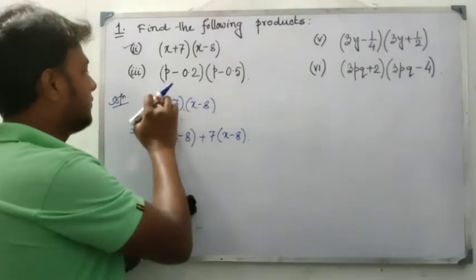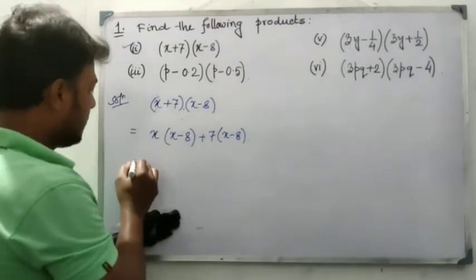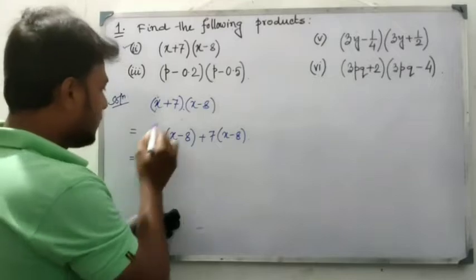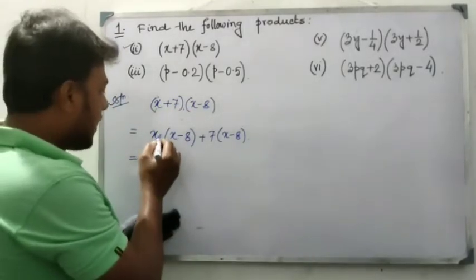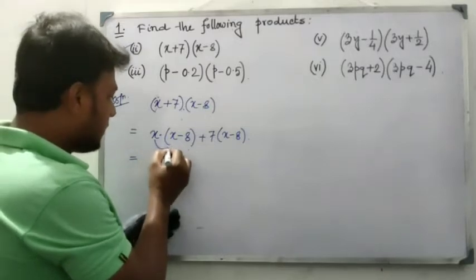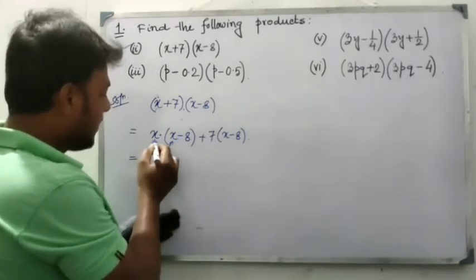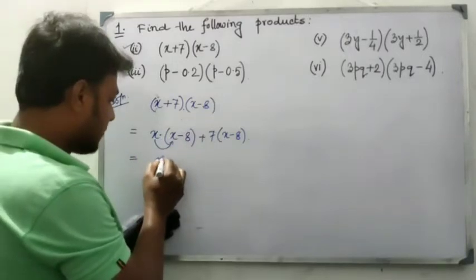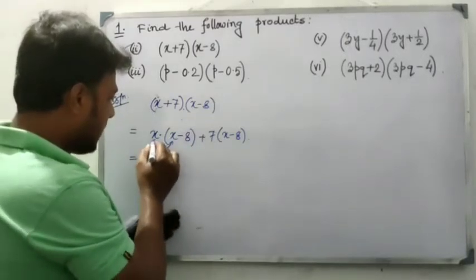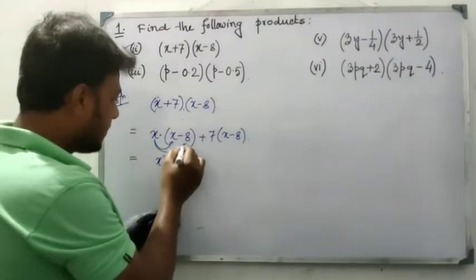Now we can use the distributive property again. To apply it, x is outside of the first bracket, so we have to multiply with the first term. x into x means x square. Minus is there, minus. Again multiply x with this.